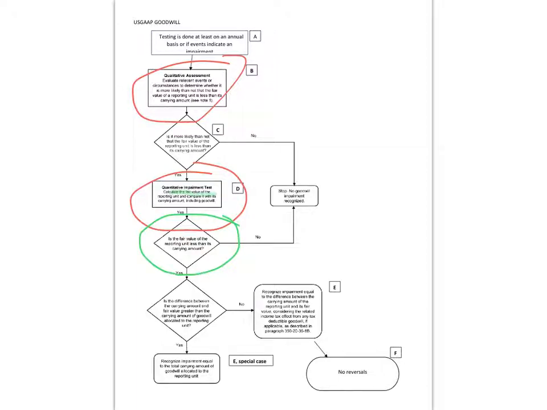If in fact that fair value is less than the carrying amount, that's what indicates you have an impairment. And this box right here tells you how to measure it. It's really simple. It's the difference between the carrying value of the reporting unit and the fair value of the reporting unit. Okay, so you need to make an adjustment that brings that carrying value down to its fair value of the reporting unit.